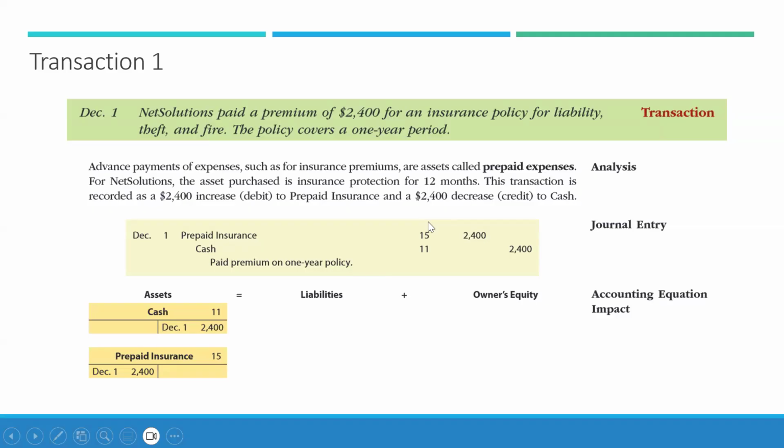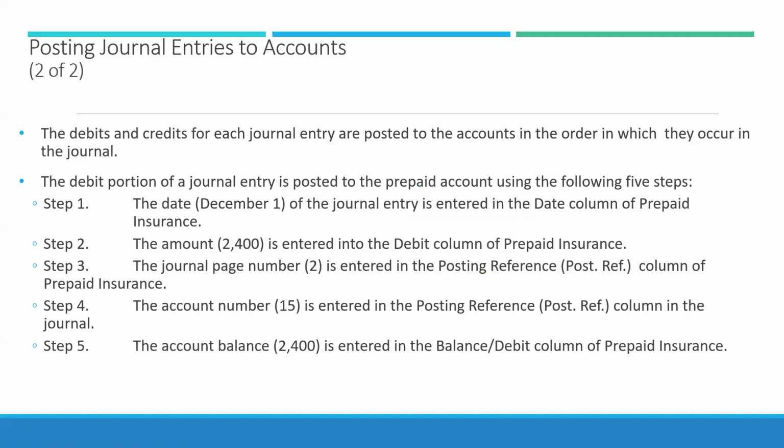So accounts are often numbered, okay? So you see prepaid insurance is number 15, we show that. The cash account is number 11, and we show the dates and we just post them to the various accounts.